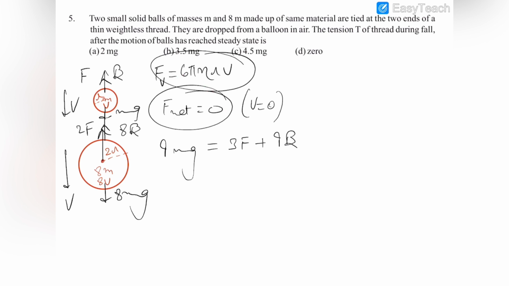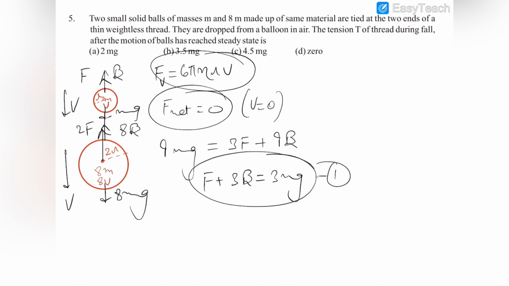Now you can see that F plus thrice of buoyancy is equal to 3 mg. This is the first equation. Now if we find out the tension, we have not considered the tension in this equation, because this equation is for the complete system and the tension acting in the system is an internal force.